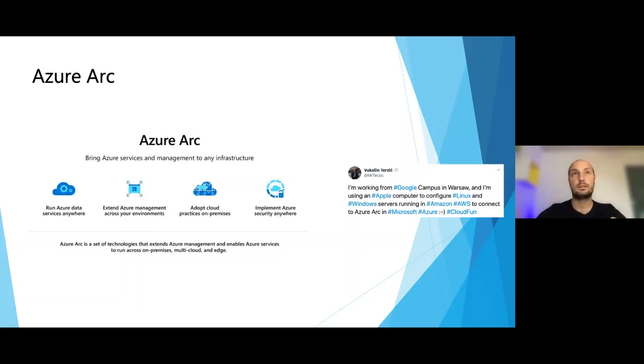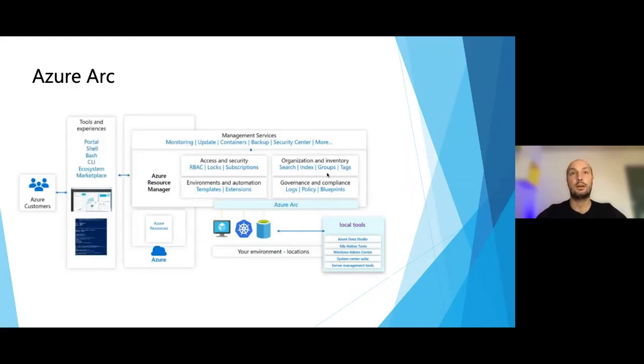But let me, I think I have a slide on how it works. Yeah, I think this slide will explain it a little bit more. We are able to manage our virtual machines in Azure as we are used to, and part of that manageability is accessible through Azure Arc, to which we can connect our on-premises servers, our Kubernetes clusters, and our databases.